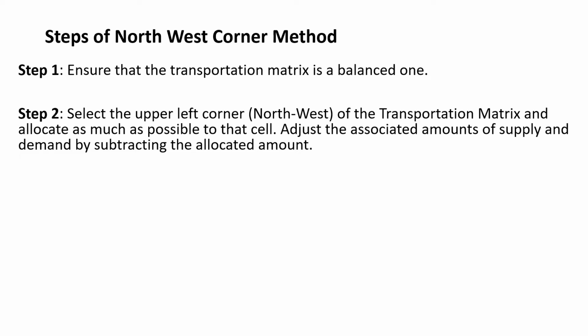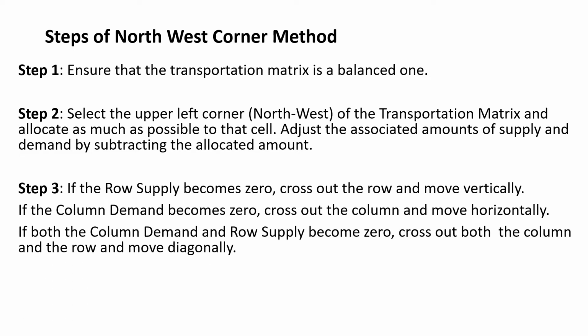Step 3 is, if the row supply becomes 0, cross out the row and move vertically, because if you cross out the row, you cannot move horizontally. Similarly, if the column demand becomes 0, cross out the column and move horizontally, as we cannot move vertically.